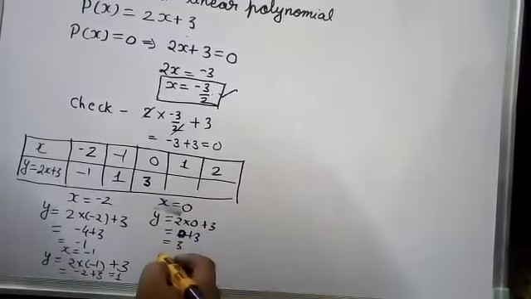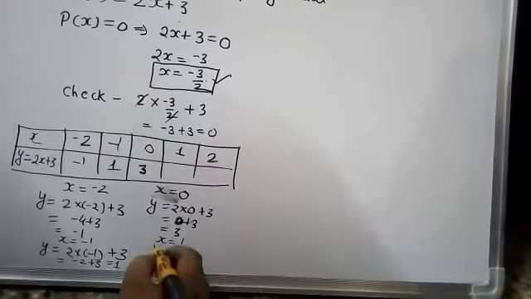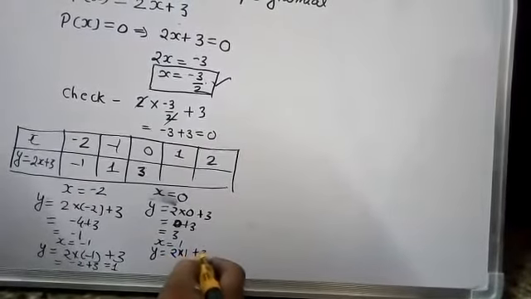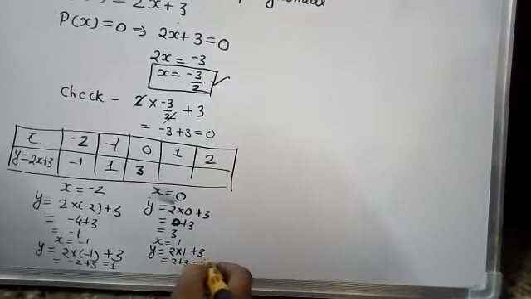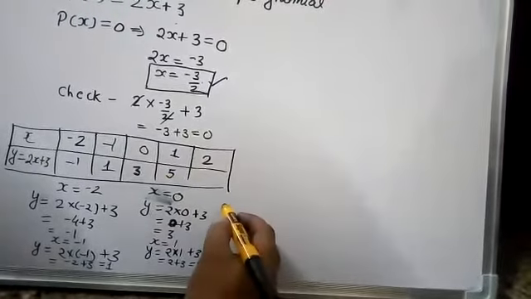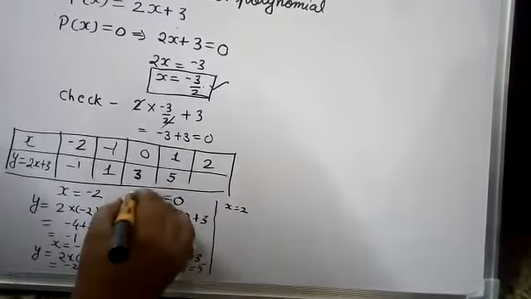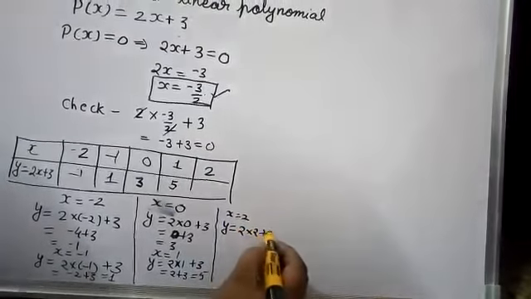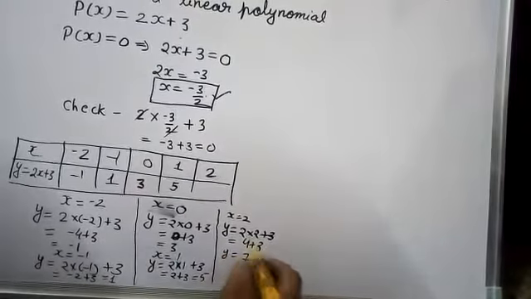For x is equal to 1, y is equal to 2 into 1 plus 3, that is 2 plus 3, which is equal to 5. And for x is equal to 2, y is equal to 2 into 2 plus 3, that is 4 plus 3. So y is equal to 7.